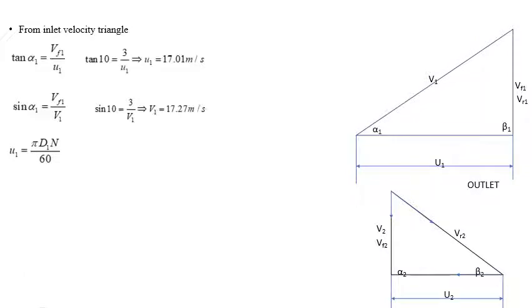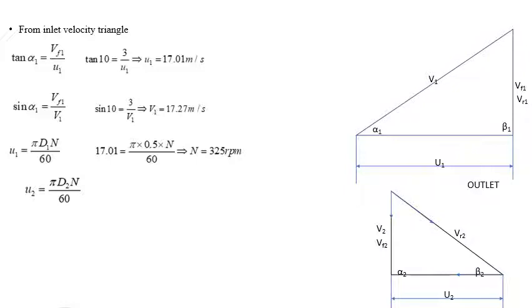Then the tangential blade speed at inlet is given by pi D N by 60. Here the U1 value is known, the D1 value is known, N is unknown. That means the speed of the wheel is 325 rpm.